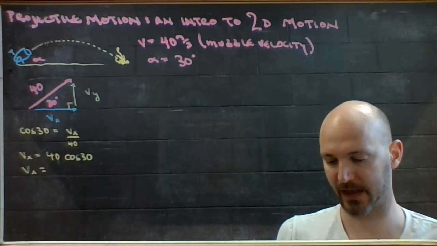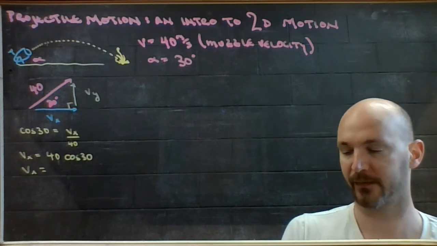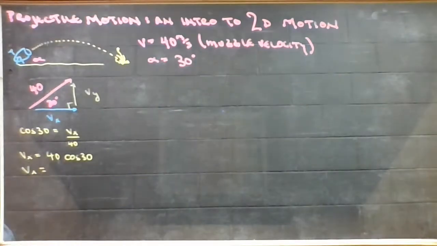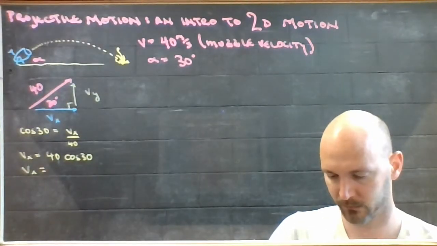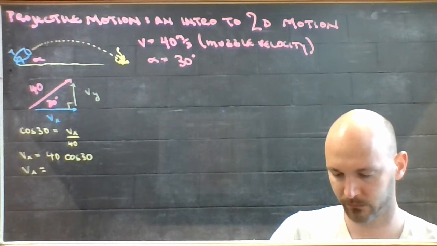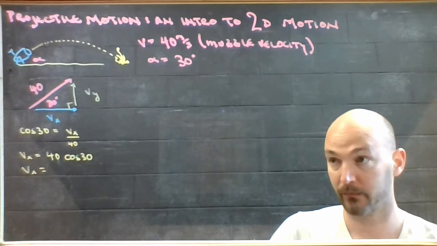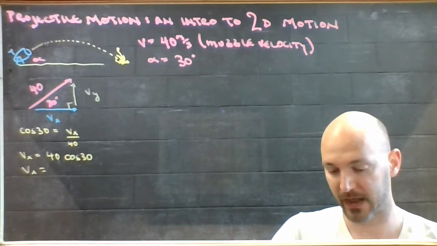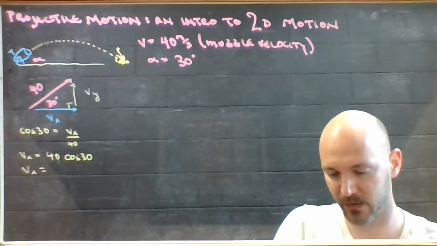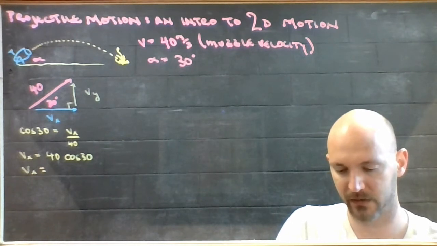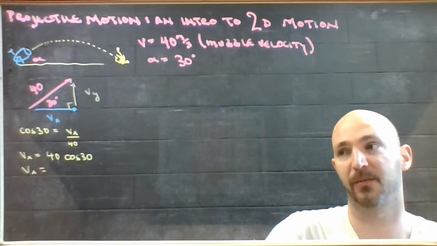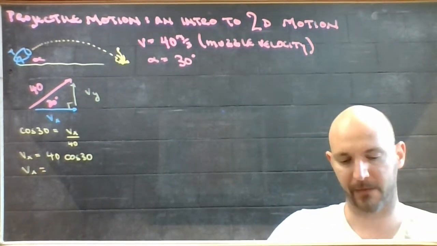If only I had a calculator that worked. Cos 30 is 0.866, which is root 3 over 2, multiplied by 40, gives me 34.64 meters per second.